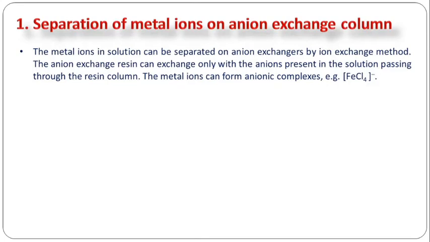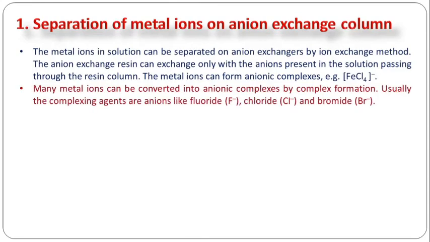The metal ions can form anionic complexes like FeCl4-. These anionic complexes we can exchange by using an anion exchange column. Many metal ions can be converted into anionic complexes by complex formation.